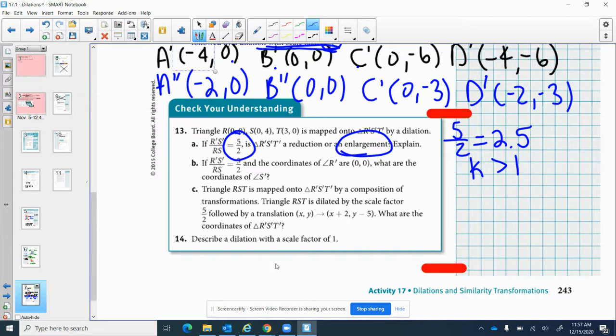Okay, and again, if your scale factor is just 1, it's going to just map it onto itself, right? It's not changing the shape or the size at all, because it would just be multiplying by 1, which is going to keep it the same exact figure.